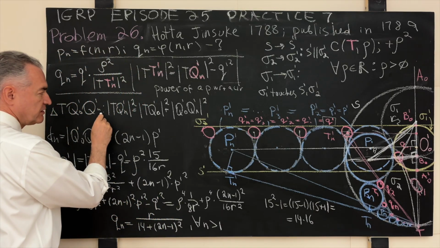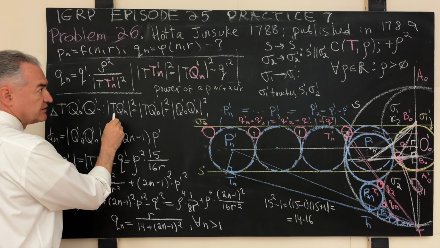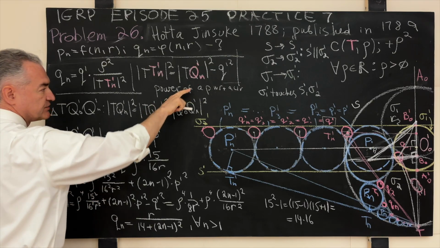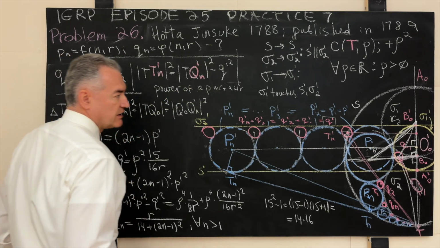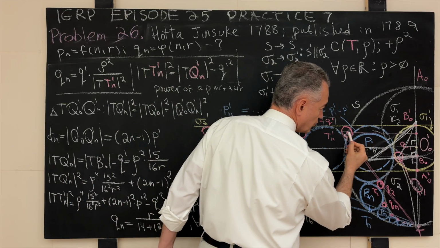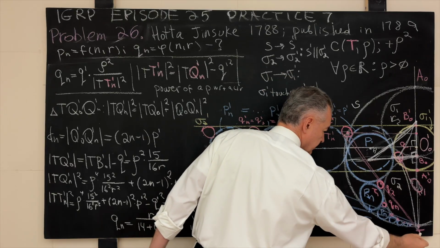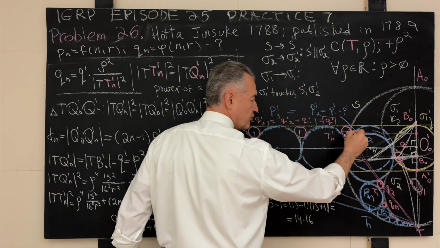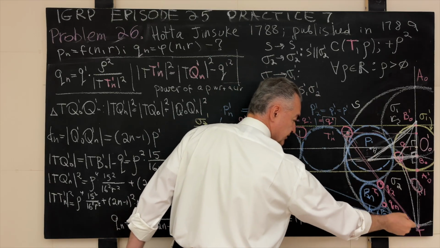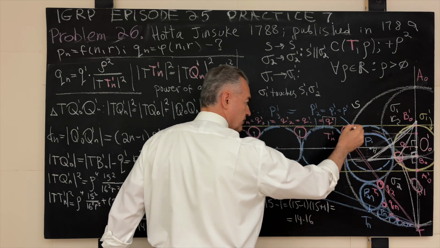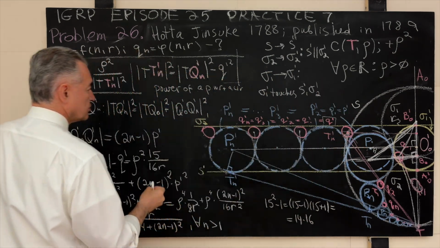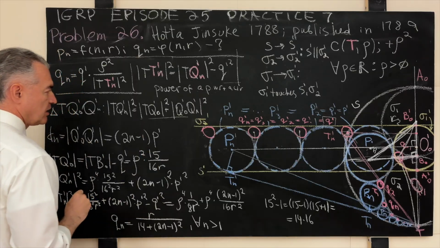So from this triangle, remember we now use this triangle, and this triangle. The hypotenuse of this triangle is the line of centers of the original circle and the image circle. So this is where this theorem comes from.